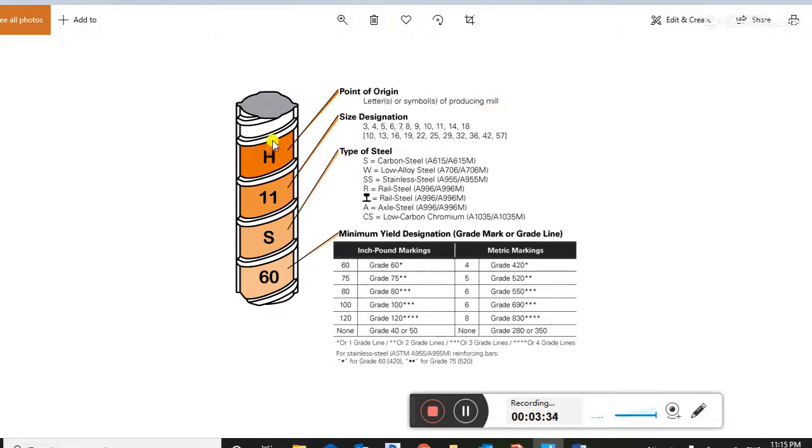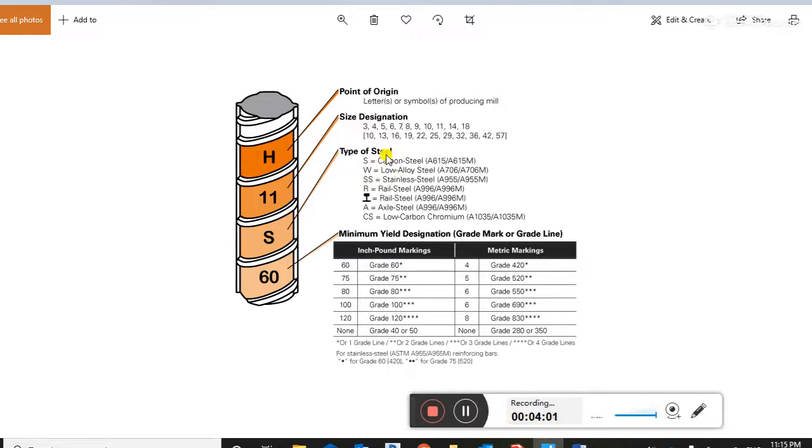This H is the symbol of the producing mill, the steel mill. Size designation: this shows the size of the rebar, 11 millimeter, ranging from 3 to 57 millimeter.